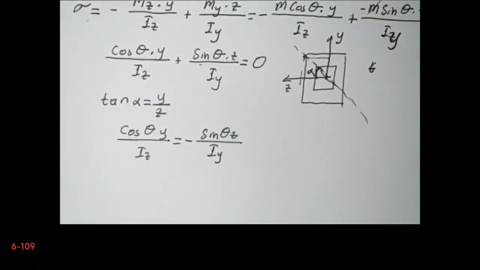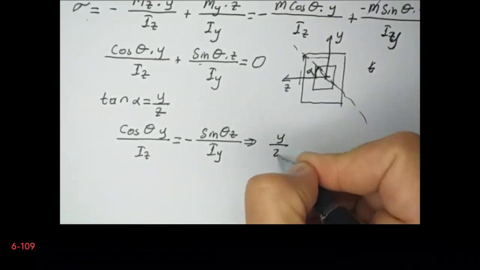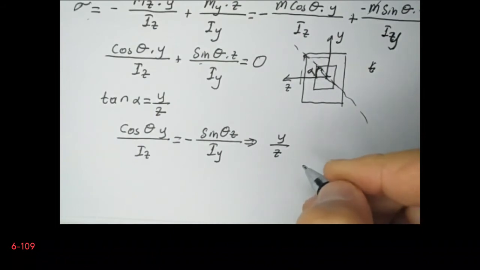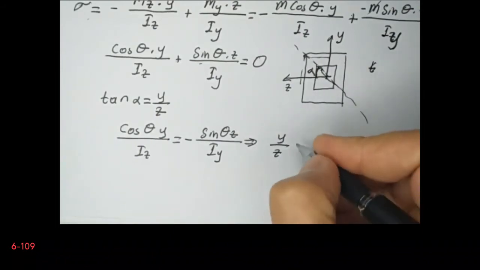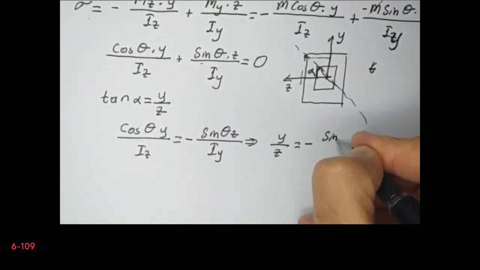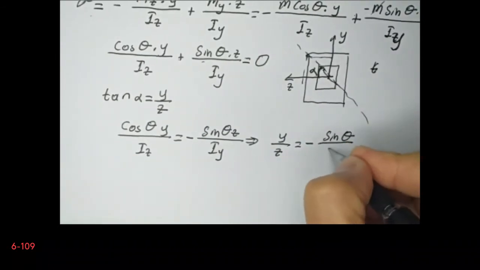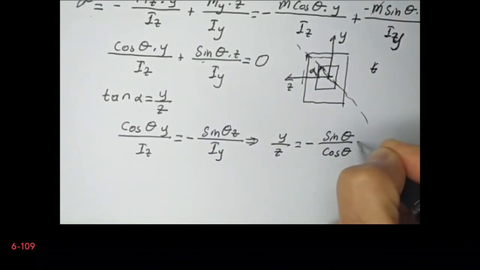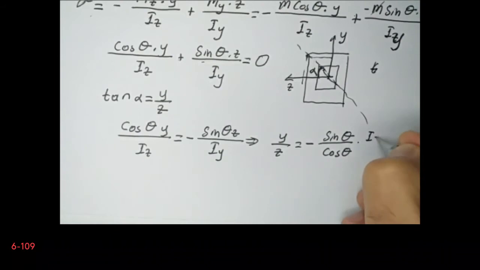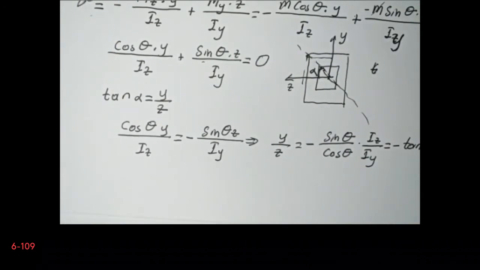So y divided by z is equal to minus sine theta divided by cosine theta multiplied by Iz divided by Iy, or in other words it is minus tangent theta multiplied by Iz divided by Iy.